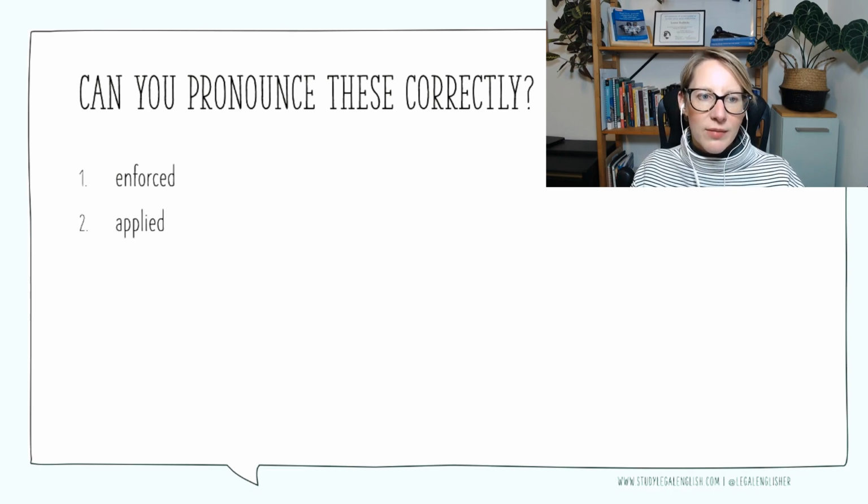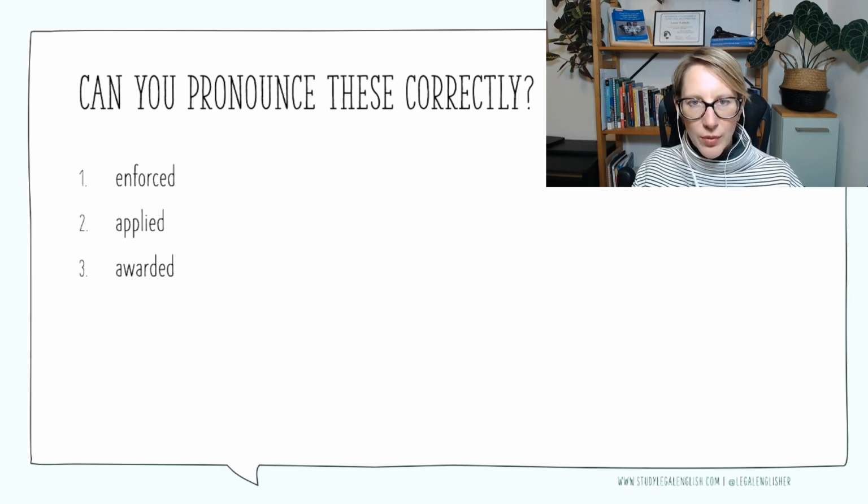Next one. Applied, applied, because we've got an I there, it's a vowel, we engage our vocal cords, so we're putting a D sound on the end. All right. Awarded, awarded, because it ends in a D, and then we put that extra syllable on there.